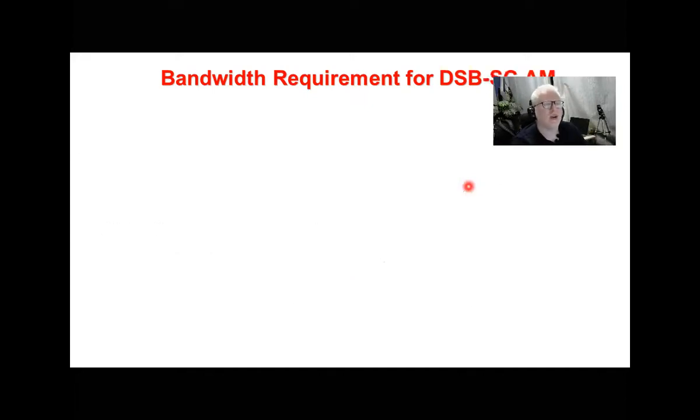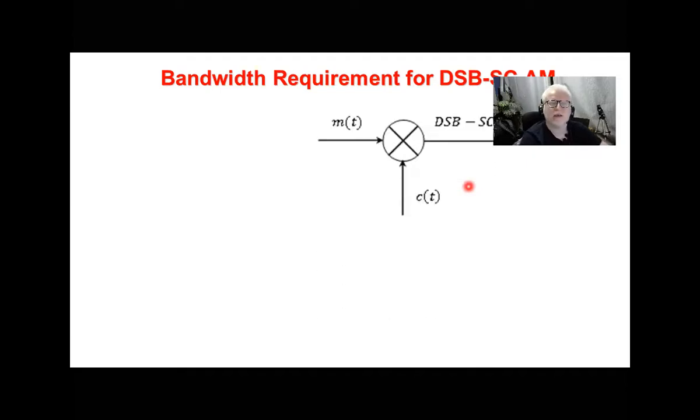Okay, let's go to the first idea, the first extension from the double-sided band. So the double-sided AM is the standard way, and now we are going to go to updated ways from the double-sided band. The first one is called the double-sideband suppressed carrier. So we suppress, we reject, we kick out the carrier. What we are doing simply is that we will just multiply the message with the carrier.